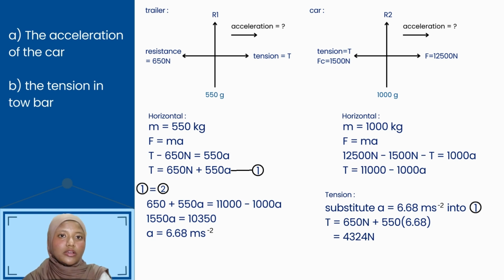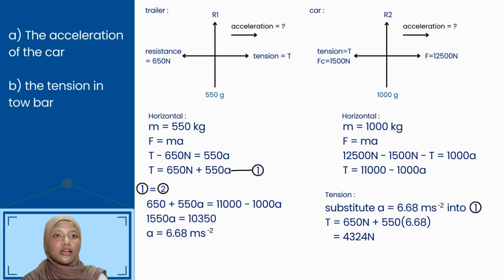For the horizontal part, we are going to use the F equals ma formula because there is acceleration in the car and the trailer. For the trailer, tension minus 650 equals 550A, so we will get tension equals 650 plus 550A, equation 1.